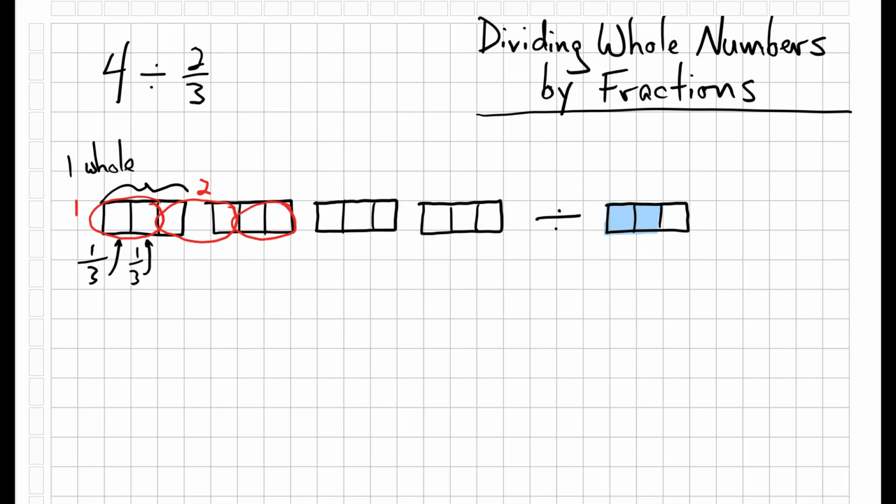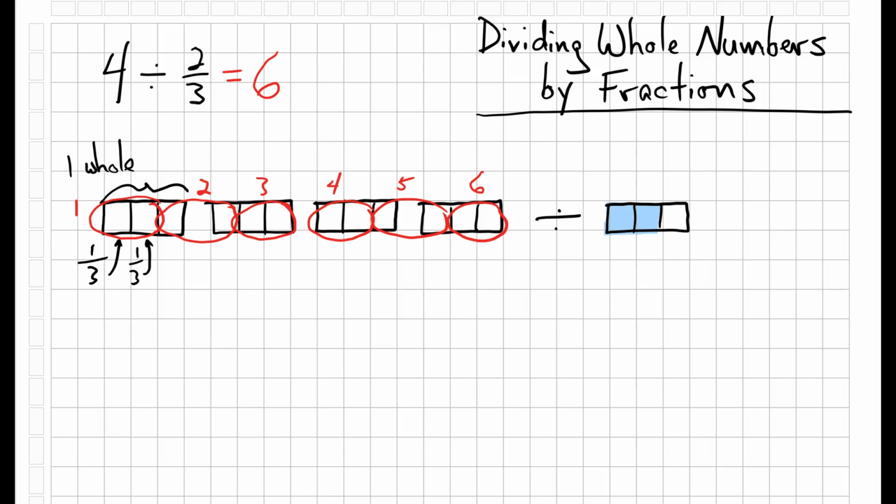Here's another set of 2/3, 3, 4, 5, and 6. So I'm down to 0, therefore 4 divided by 2/3 equals 6, because I can subtract 2/3 from 4 6 times to get to 0. So I have my answer.